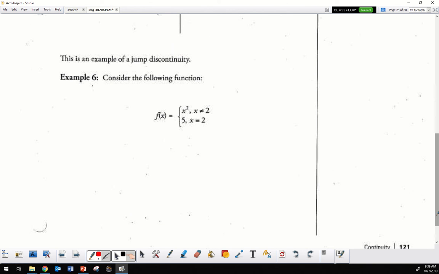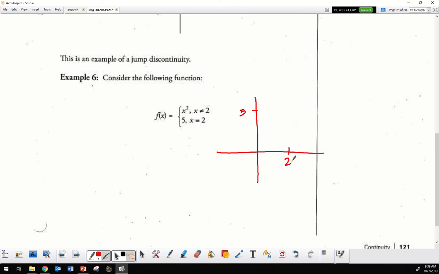Okay, again right here. So this is everywhere where x cannot equal 2, everywhere but 2. So right here, x is equal to 2. When x is equal to 2, it's going to give me a value of 5. So on my graph, here's 5, and this is my 2.